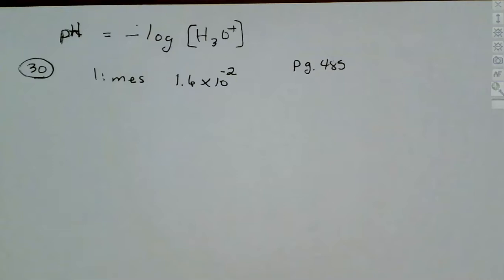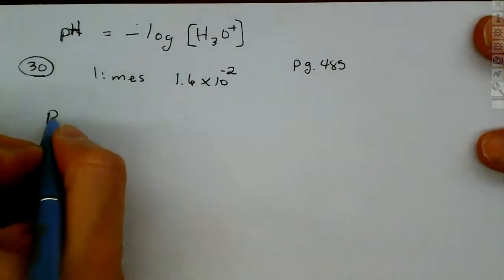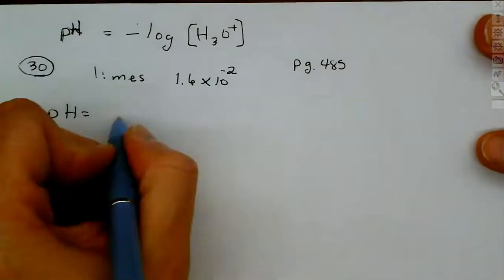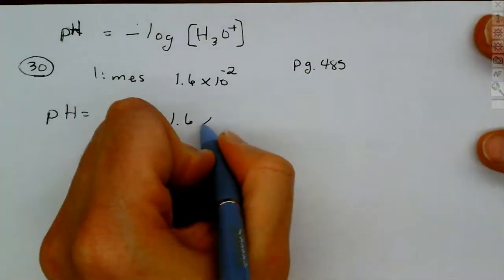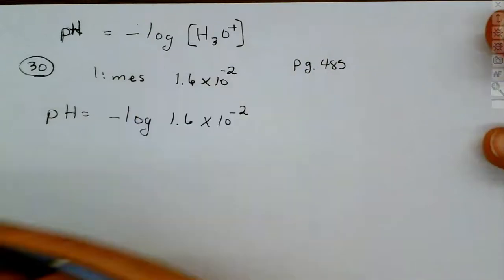Things that come in contact with organic matter would eat it or destroy it. Limes are not quite there, but they're still a pretty low pH. So how do we calculate this out? Well, our pH is going to be minus log of 1.6 times 10 to the negative second power.